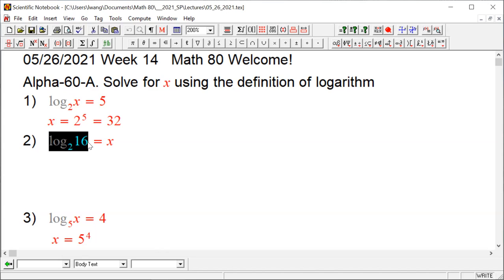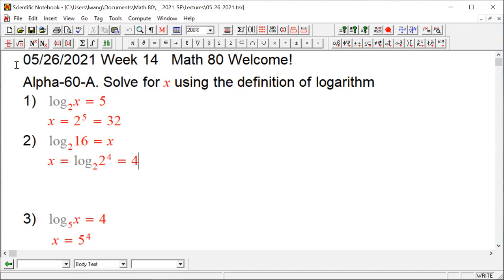Well, you just have to simplify this whole thing. This really just tells you x equals what? You just switch sides, same thing. So log base 2 of 16, and 16 is 2 to the power of 4. So the answer is 4. Are we good? Is that pretty easy?